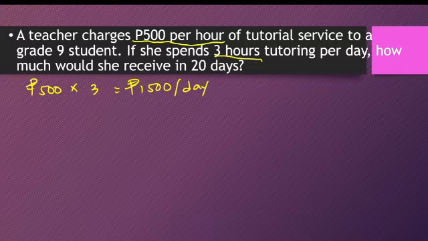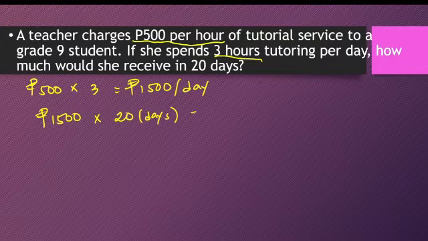So, ang tinatanong, magkano yung makukuha niya kung mag-tutor siya ng 20 days. So, yung 1,500 ngayon, i-multiply natin into 20. So, this is the number of days. So, probably, ang K natin dito is 1,500 pesos.